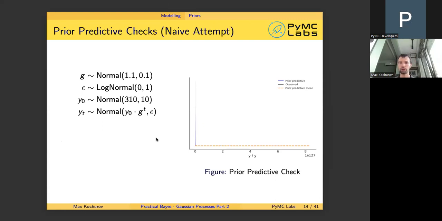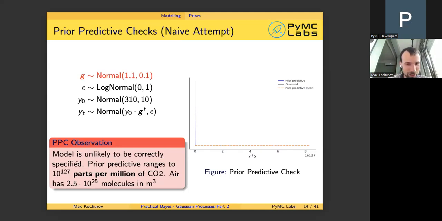And if we start with something naive and set up priors on the left side, just guessing what they would be like, we see in the prior predictive check plot that there is something that goes up to some astronomical number, and I can't even pronounce this number.